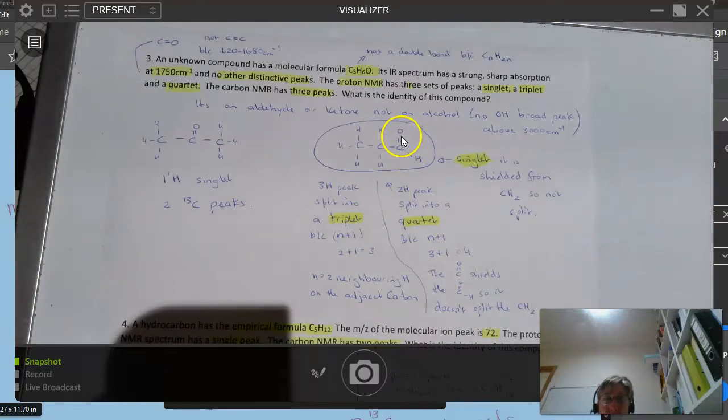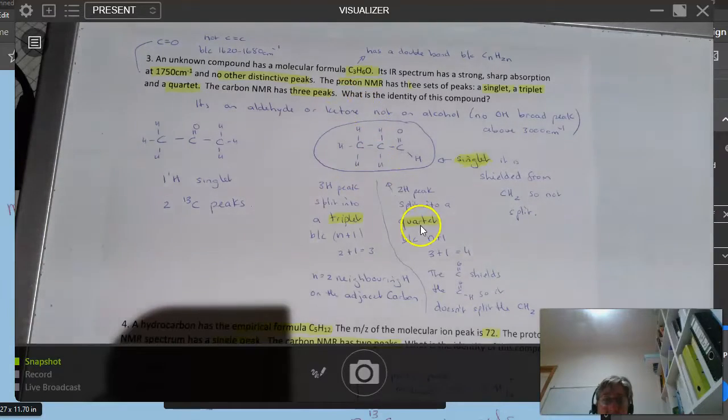This one, in the Edrolo textbook, one of the questions, the answer was wrong. This is like a hydroxide ion. This oxygen shields this, so it doesn't split these. So this is only split by these.